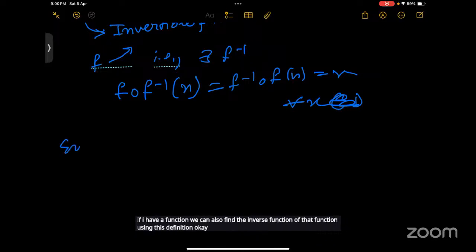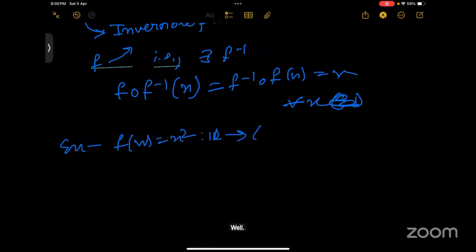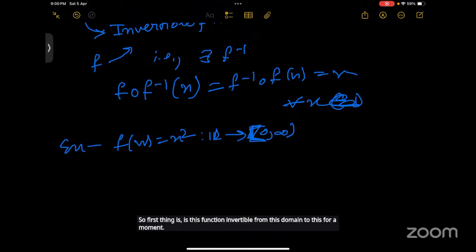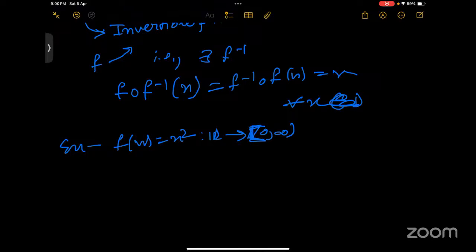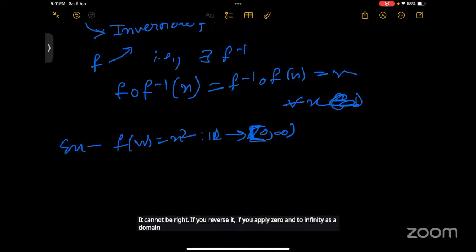Okay. So if I see an example, for example, if I have f of x equals x squared from R to 0 to infinity. First thing is, is this function invertible from this domain to this codomain? It cannot be, right? If you reverse it, if you apply 0 to infinity as a domain, you will never get a real line.